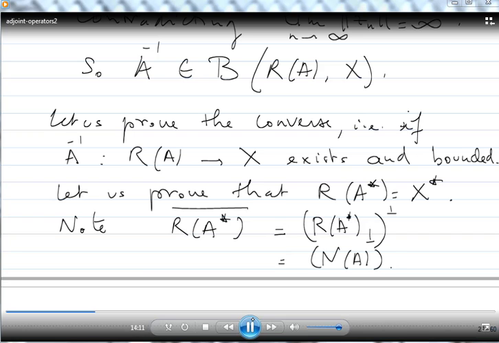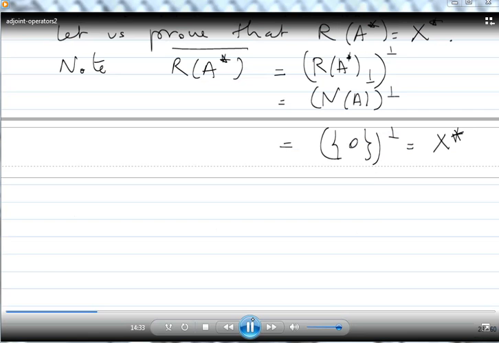That's property number 2. But since A inverse exists, A is injective, so this is just 0 orthogonal, and that is X star. So we know that the closure of the range of A star is X star, the dual of X.